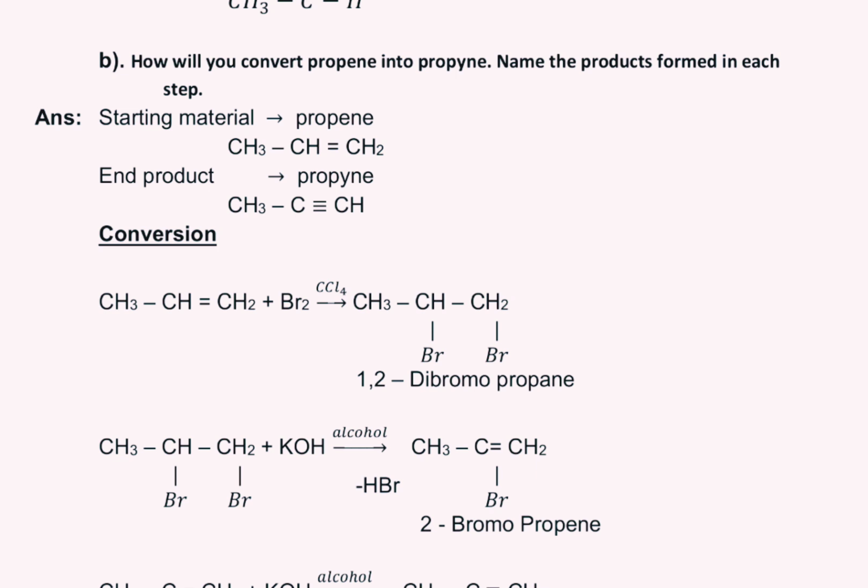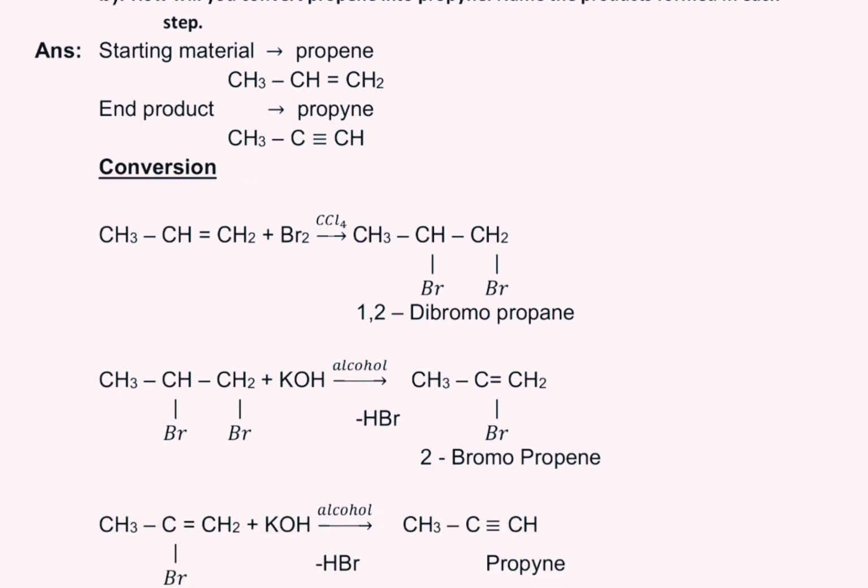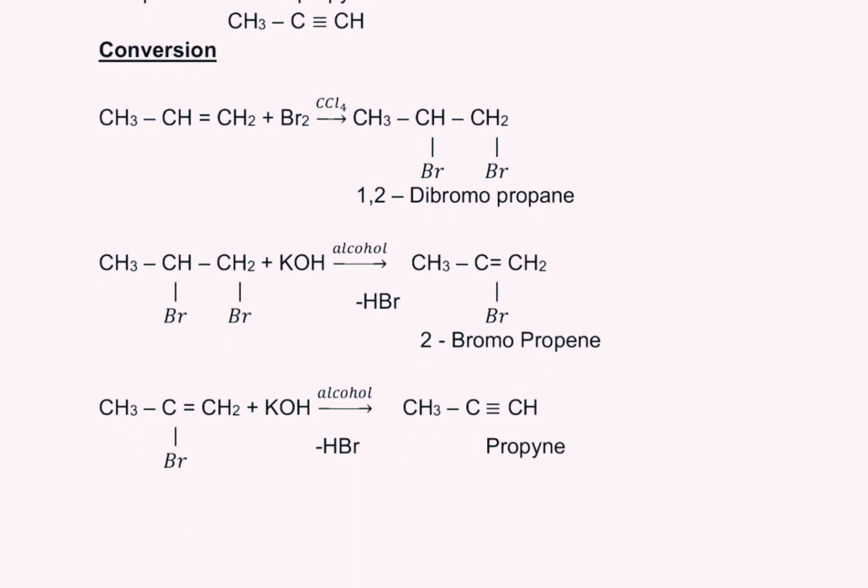And the other method here is that, first of all, halogenation happens here. You are removing the double bond by adding halogen on both the atoms which have the double bond, in the presence of carbon tetrachloride. So here we have bromine on both sides, and then with the help of alcoholic KOH, we remove hydrogen bromide first, and one bromine is still here.